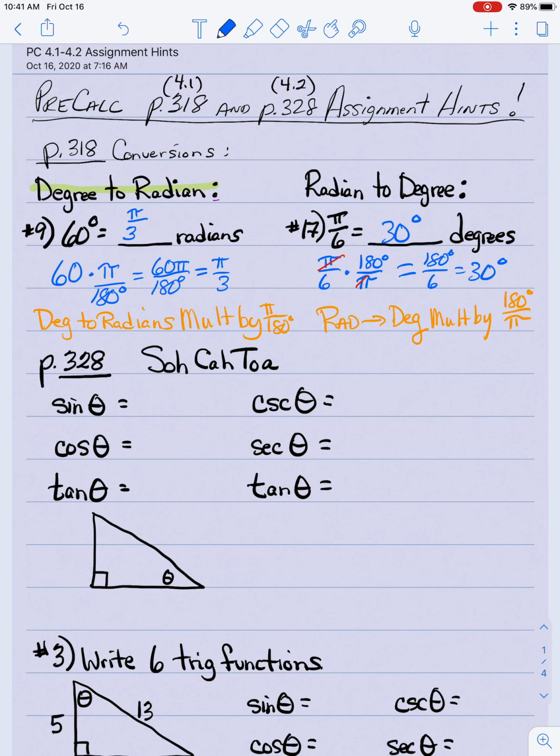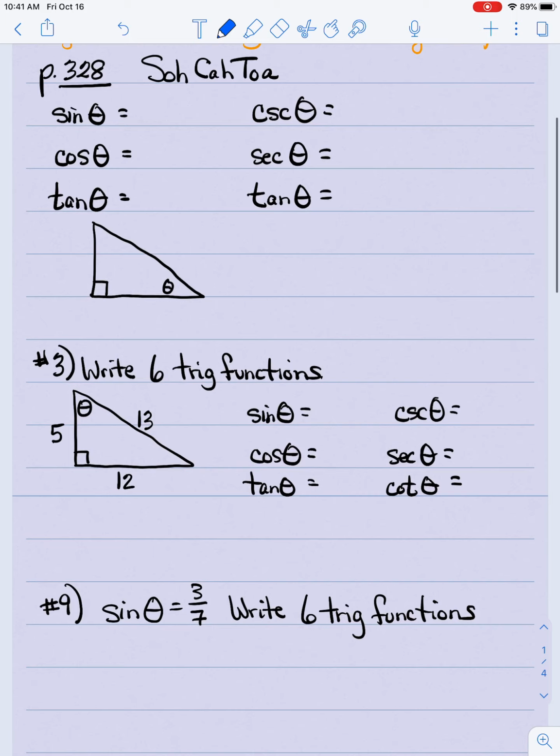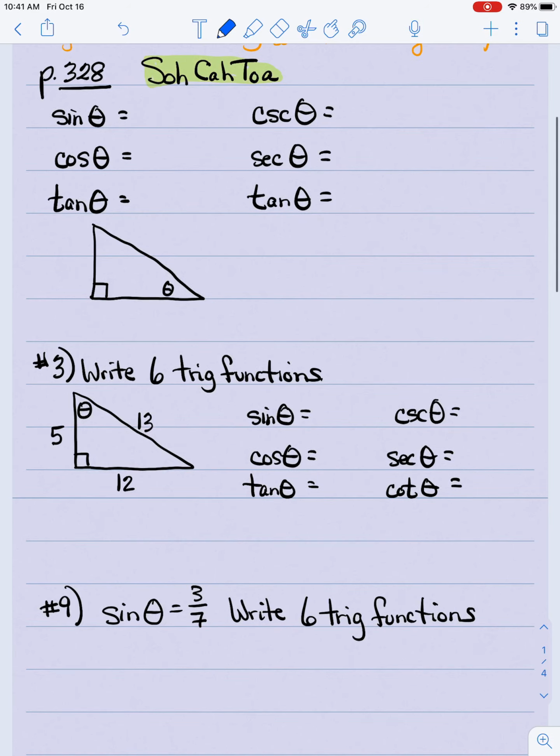Okay, next up, in section 4.2, you start talking about some of your basic trig functions. Maybe you remember from previous math class when we talk about trig functions, we're looking at SOHCAHTOA as a way to remember the ratios for the functions. Okay, for example, if I have a right triangle, and I have a theta angle in the corner, maybe this is A, B, C, so you have right triangle ABC.